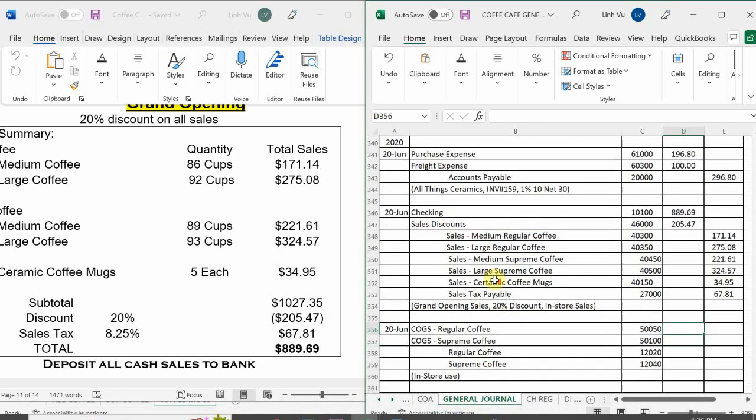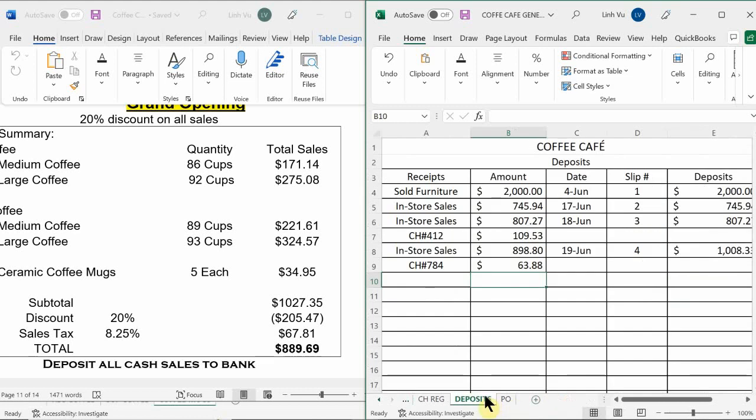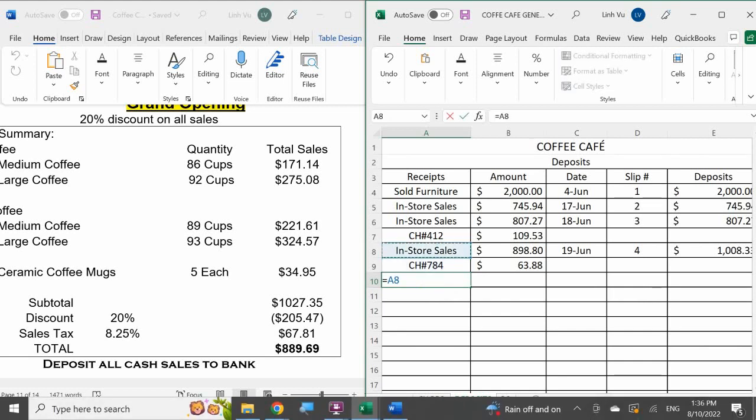All right. And then on the same Excel book, we go to the bank deposit tab, and then we have in-store sale 889.69, and then it's check 620, and then slip 5.